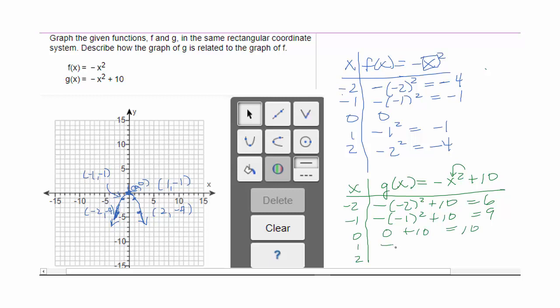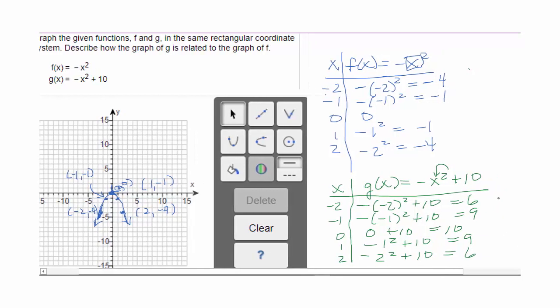If we plug in 1, we get negative 1 squared plus 10, which again is 9. And if we plug in 2, we get negative 2 squared plus 10, which again is negative 4 plus 10, which is 6. So what we're really saying is that our new function g goes through negative 2, 6, negative 1, 9, 0, 10, 1, 9, and 2, 6.